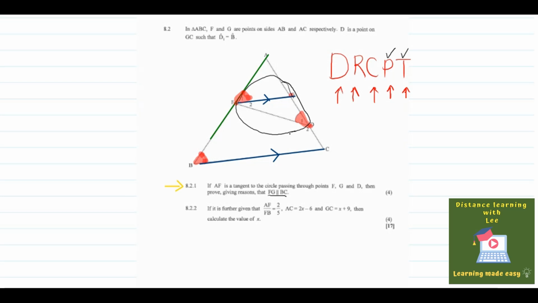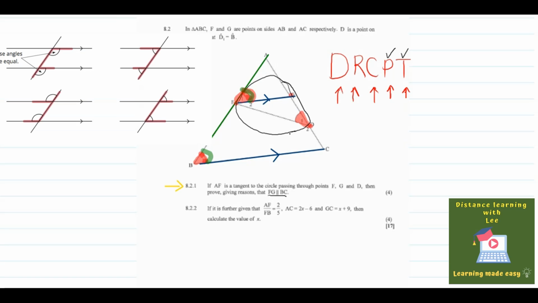Therefore, because we see that F1 is equal to B, this tells us that our line BC is parallel to our line FG, because those two angles are corresponding angles.